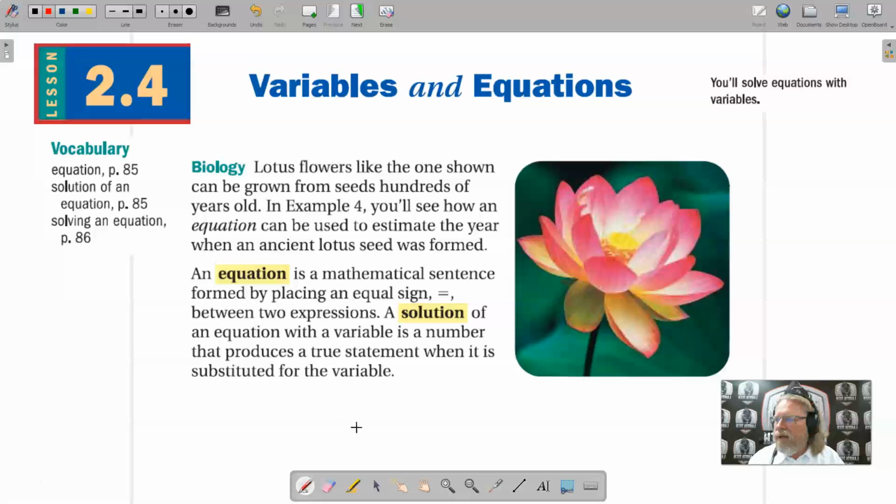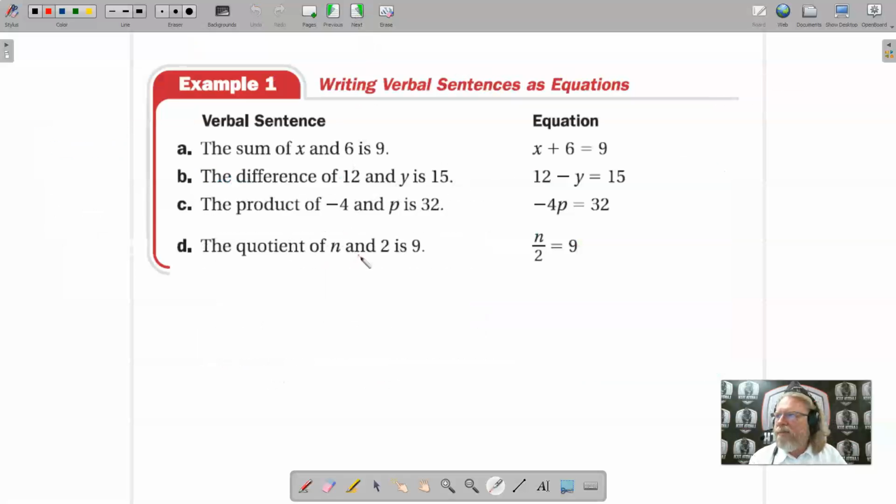A solution of an equation with a variable is a number that produces a true statement when it is substituted for the variable. And we've done some substituting before in the past, so we understand the idea of substituting. So let's go ahead and move along to the next page.